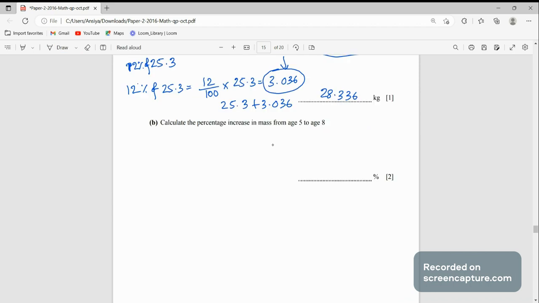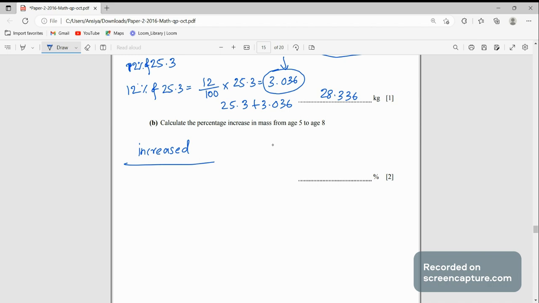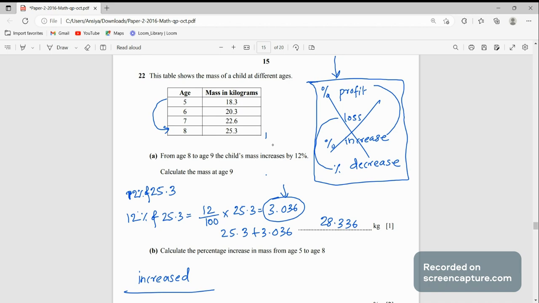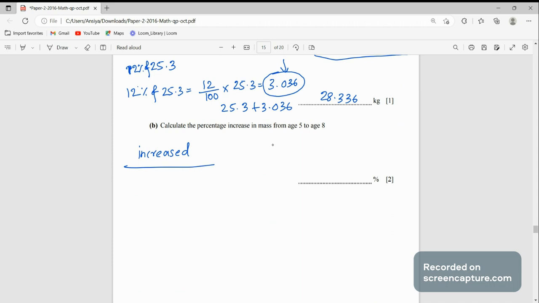Percentage increase means how much increased, like how much profit happened, divided by what was the original number. At age 5, what was the original number? 18.3. Original number times 100.